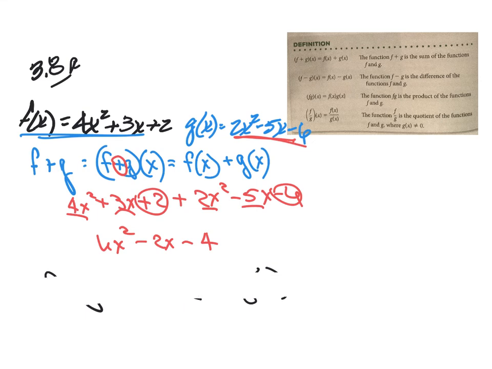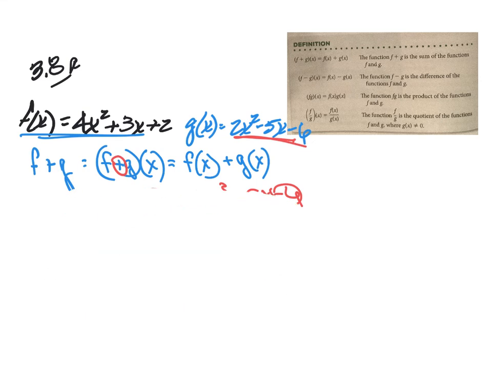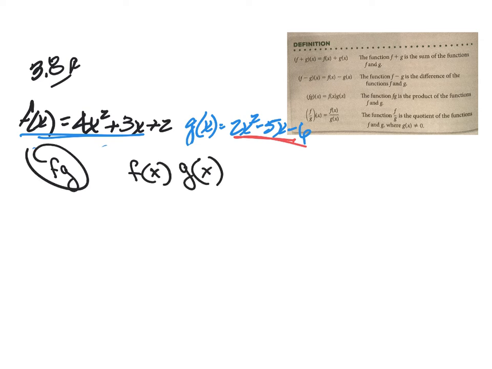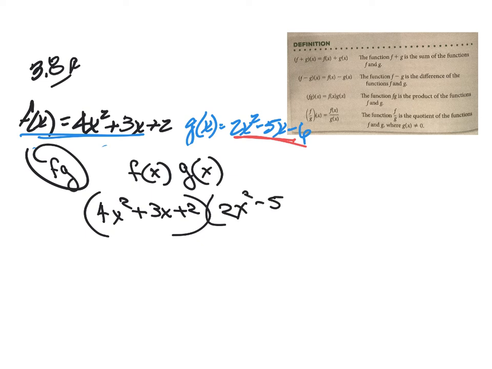If I have, I'll leave my f of x and g of x there. If I have, let's see, what else do they give me? fg. That means f of x times g of x. This is just a shortcut way, so you're not writing the x the whole time. So now we've got 4x squared plus 3x plus 2 times 2x squared minus 5x minus 6.